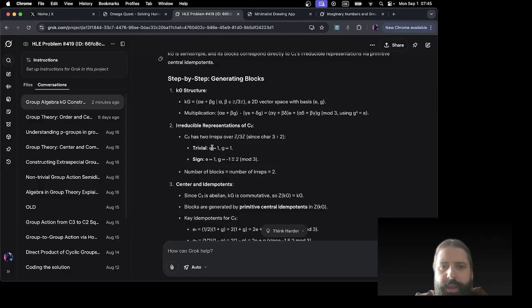Why are you mapping these to 1? Why are we mapping G elements to 1?